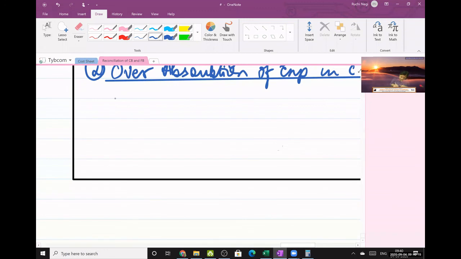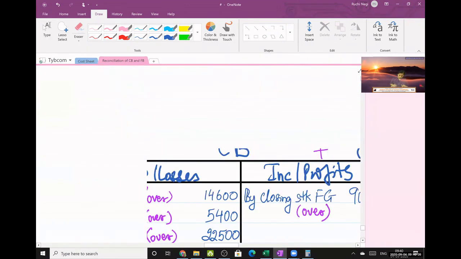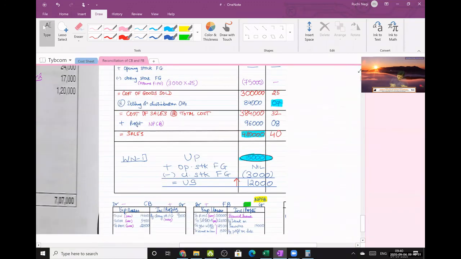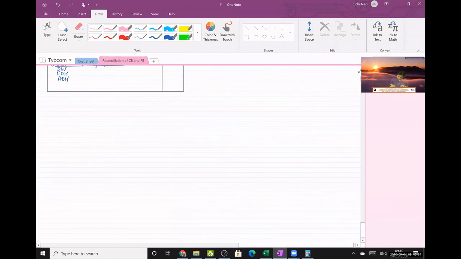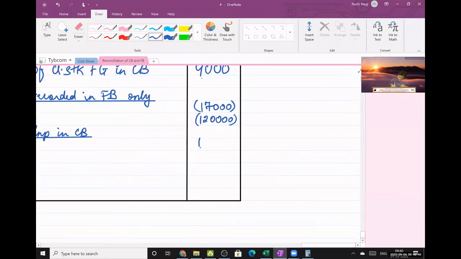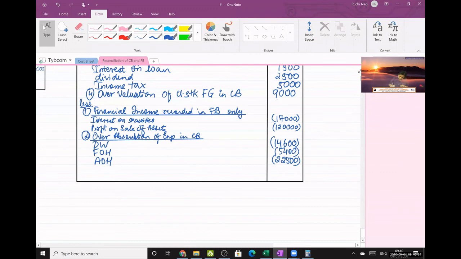We have direct wages with us. We have factory overheads with us. Okay, so 14,600, 5,400, and 22,500. Look here. 14,600, 5,400, and 22,500. Okay. लास्ट मिल जाएगा अपने को.